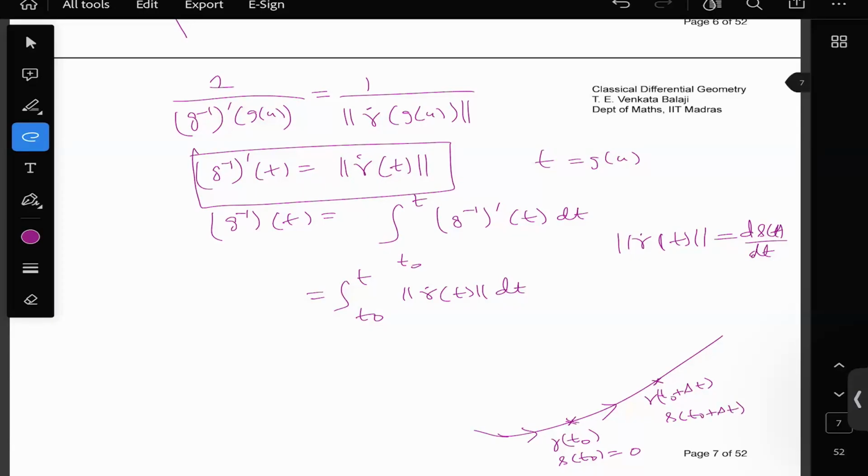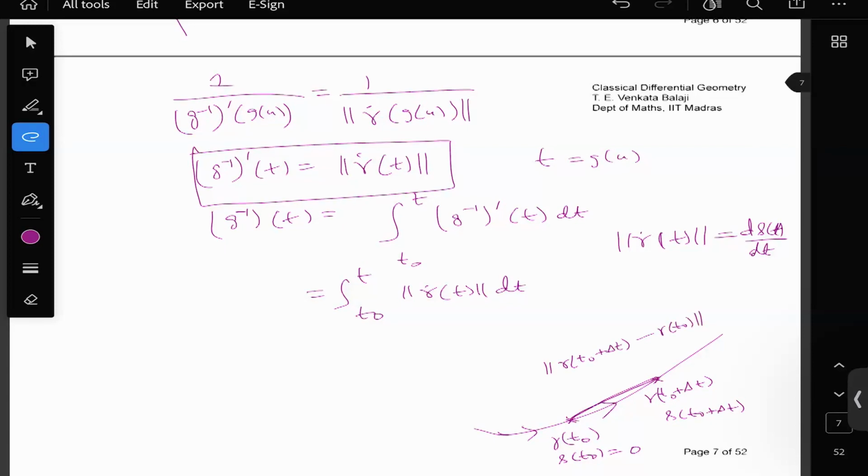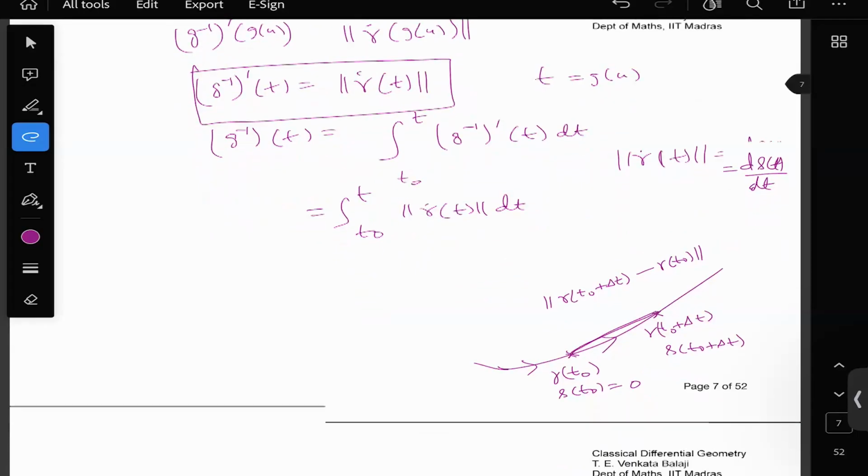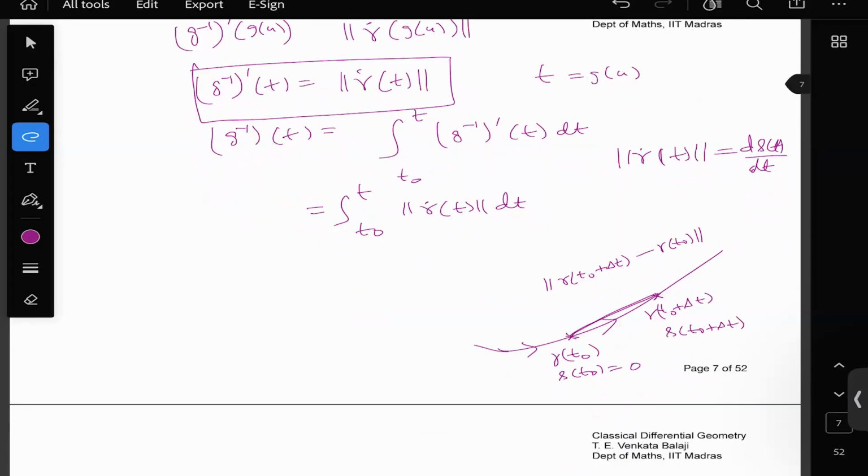Okay, and what is this arc length? See, the arc length can be approximated by this length. This length is norm of gamma of t naught plus delta t minus gamma of t naught. Okay, and if you write it out in a differential way, I want to say that this is just delta s by delta t.